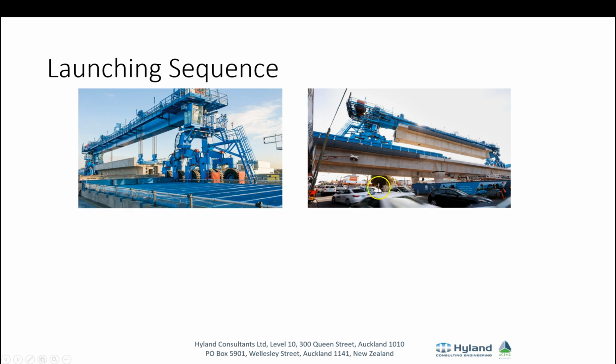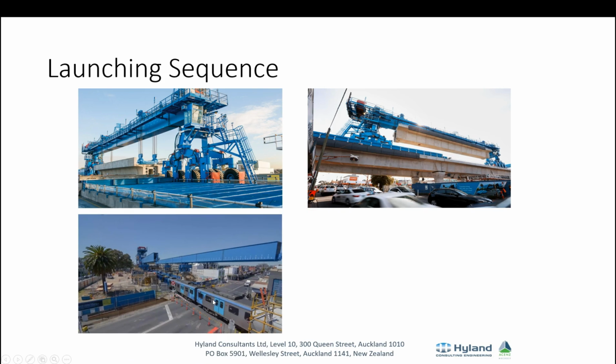Here's the cars at peak hour, very pleased that it's working and making the railway nice and clear, the roads nice and clear so they can go to work. And here's a view of the support beams that are cantilevering out over the temporary supports, waiting for the gantry to be driven along and place the next beam.